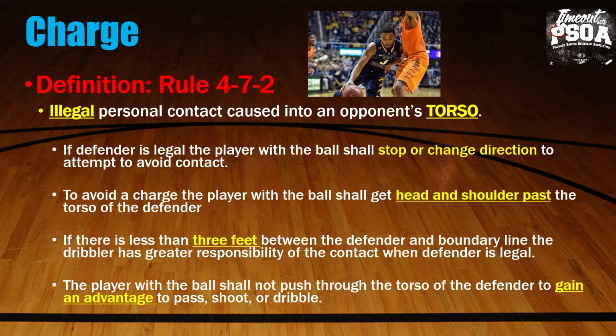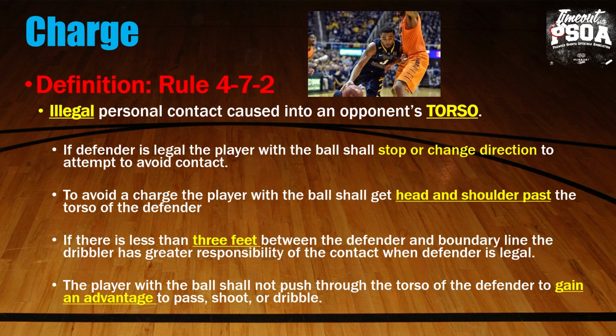To avoid a charge, the ball handler must get their head and shoulder past the torso, because that now shows the officials they tried to stop or change direction to avoid contact. Exception: if there's less than 3 feet between the defender and the division line, sideline, baseline, end line, so long as that defender is legal, 2 feet on the ground facing the opponent, moving laterally, obliquely, vertically, and not forward into that defender, the onus of that contact is on the offense.